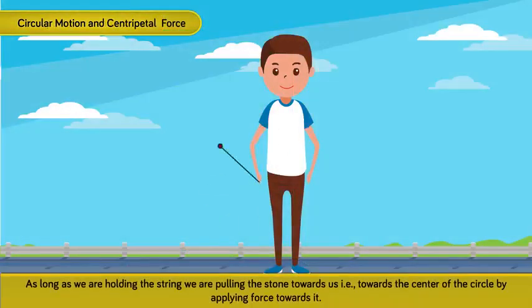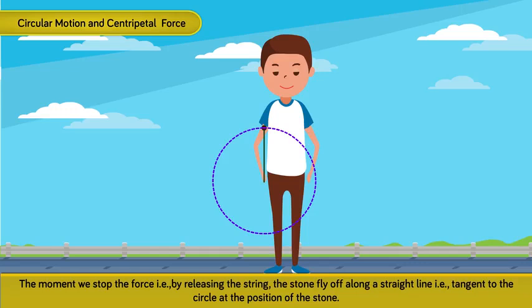Number 1. As seen in this picture, as long as we are holding the string, we are pulling the stone towards us, that is, towards the center of the circle, by applying force towards it. Number 2. The moment we stop the force, that is by releasing the string, the stone flies off along a straight line, that is, tangent to the circle at the position of the stone.